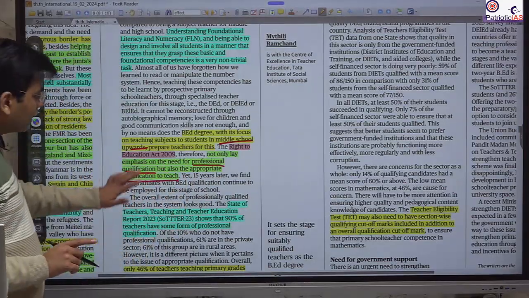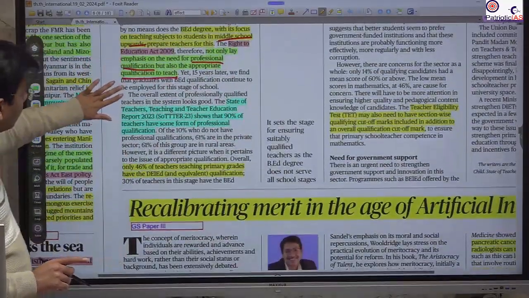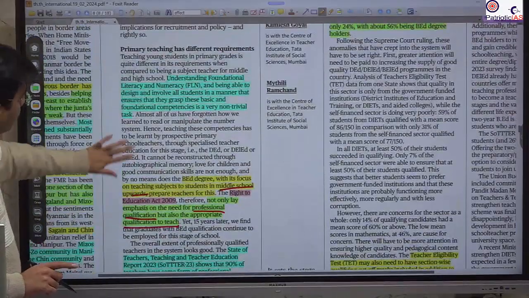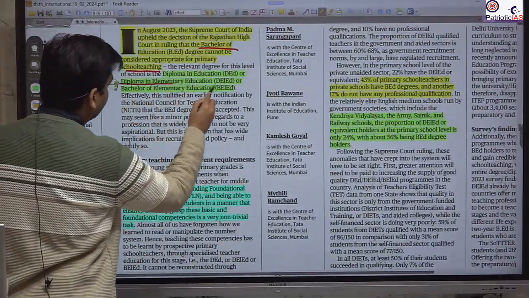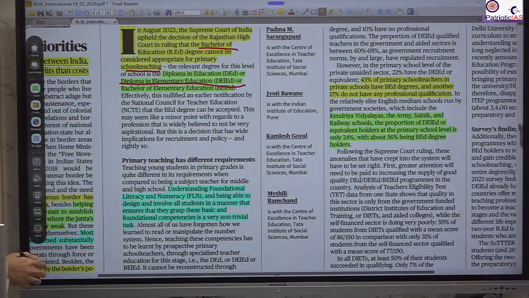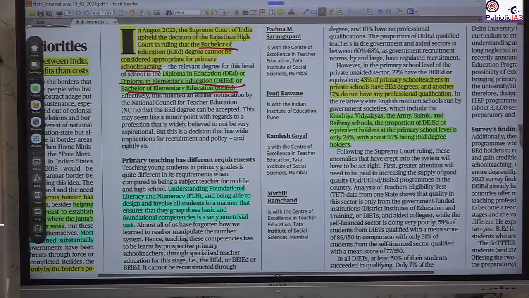Okay, so this only comes by training in different courses, such as the Diploma in Elementary Education, DElEd, and Bachelor of Elementary Education, BElEd.